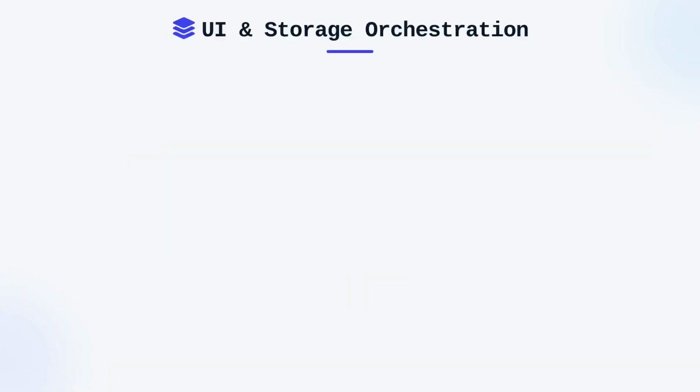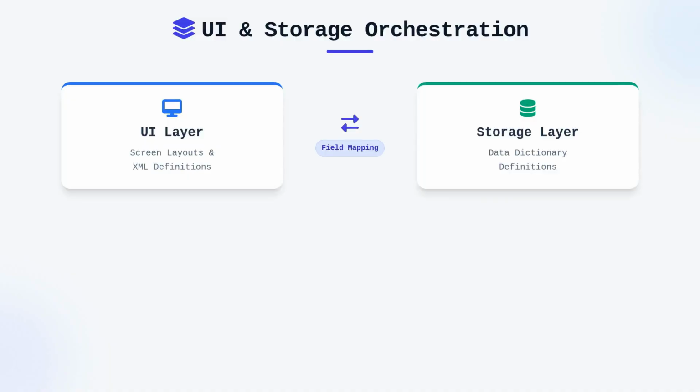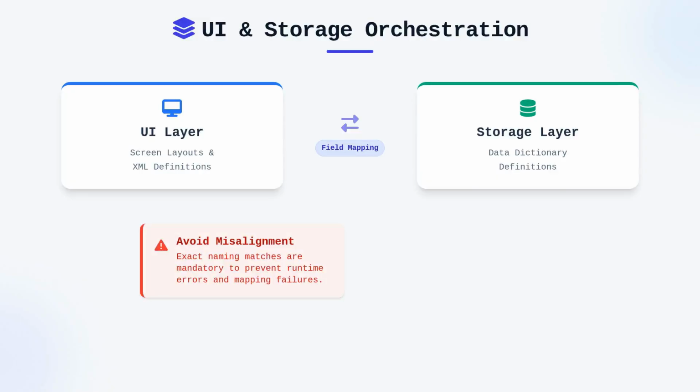The orchestration of these tasks demands a clear understanding of the interaction between the UI layer and the persistent storage layer. You need to verify that your field naming conventions match the data dictionary definitions exactly, otherwise, the mapping will fail during execution. Misaligned references are a frequent source of runtime errors that can be difficult to trace if you do not have a robust understanding of the underlying XML definitions that make up screen layouts.